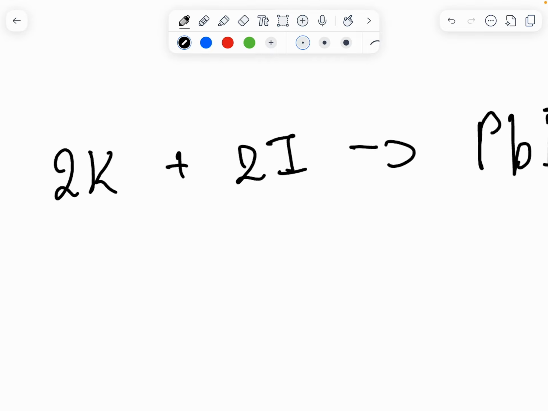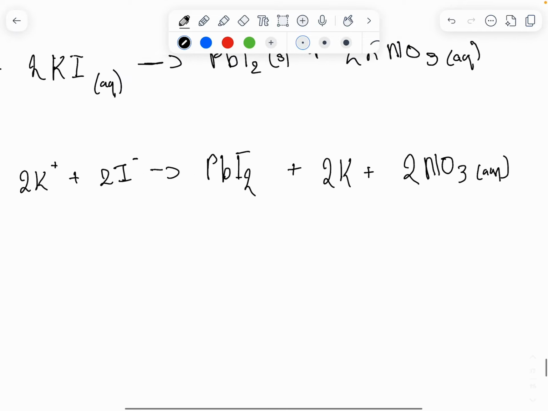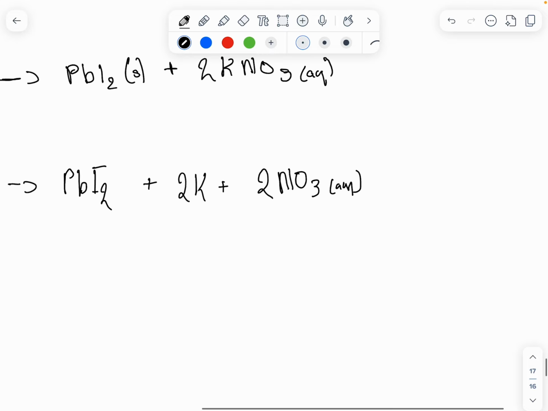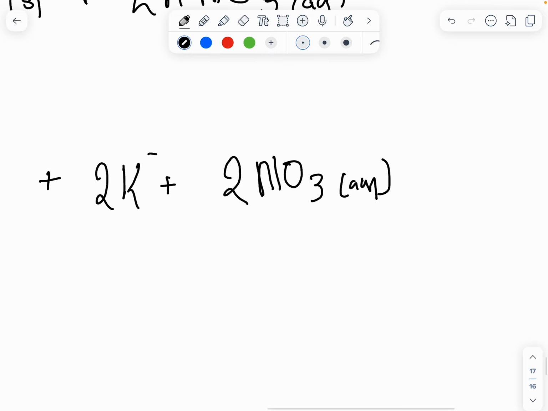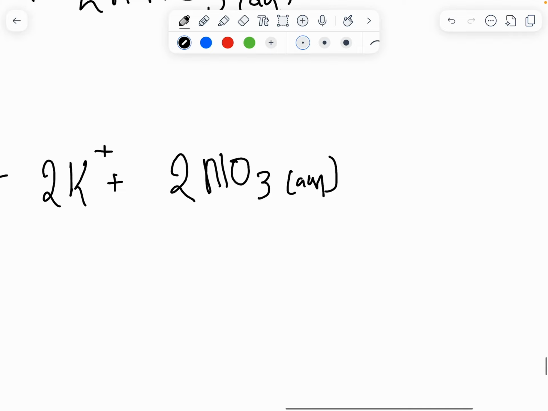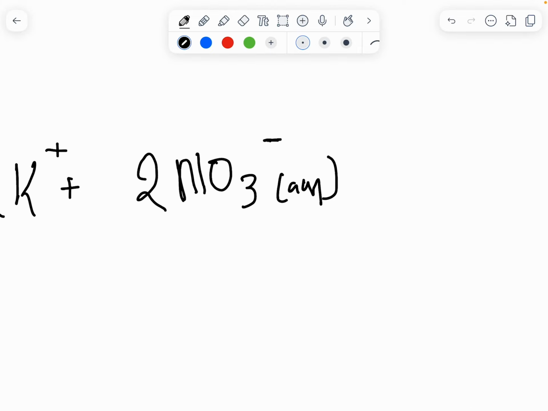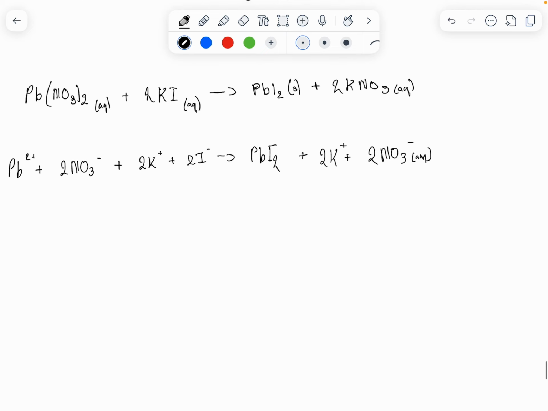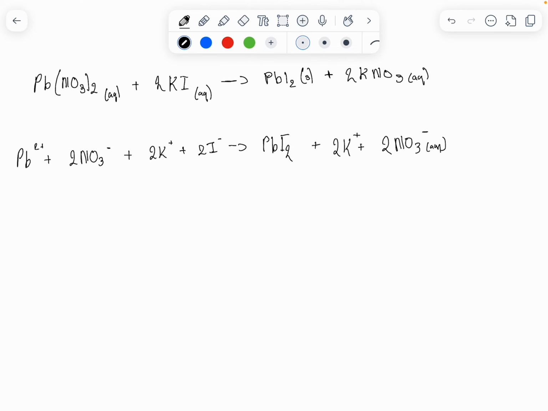Here we know that potassium is a plus 1 and iodine is a minus 1, so this is just going to be plus, this is just going to be minus. PbI2 stays the same. 2K means plus, we just checked that, and NO3 is minus. Perfect. Now we can cancel out our spectator ions, which are the 2NO3, 2NO3.